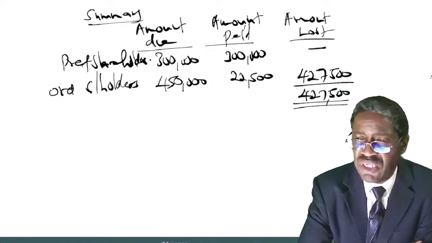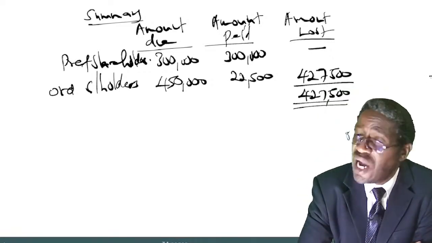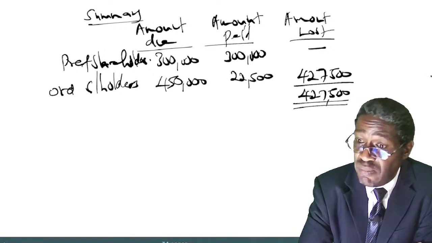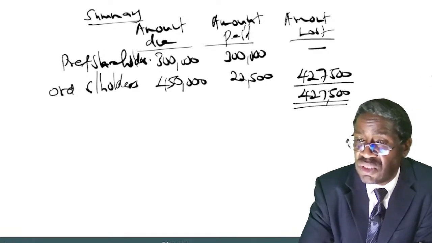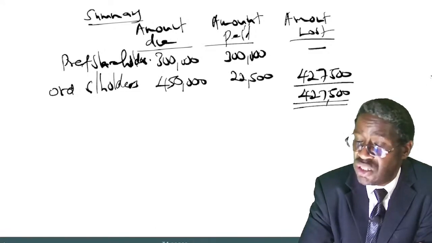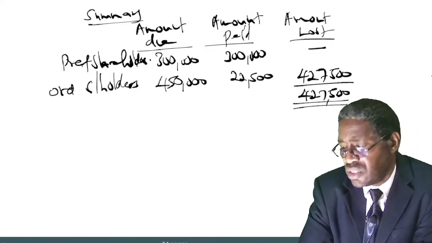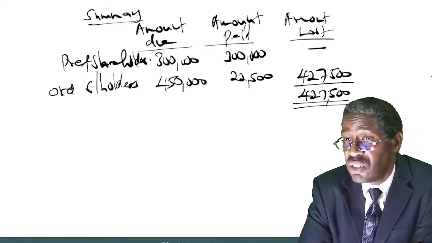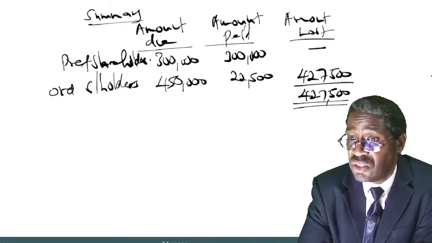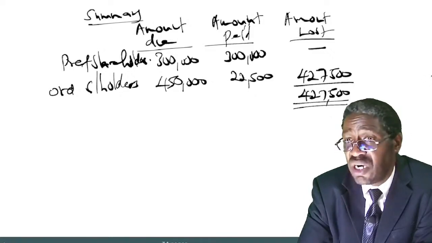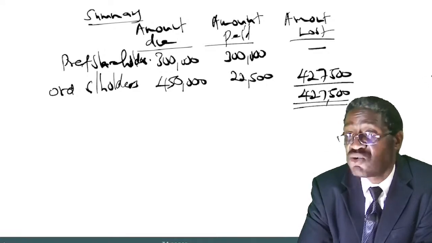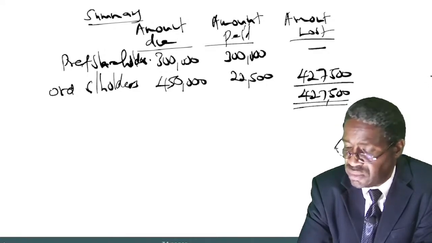From the above table, it is the ordinary shareholders who should be requested to suffer the loss in step 1.